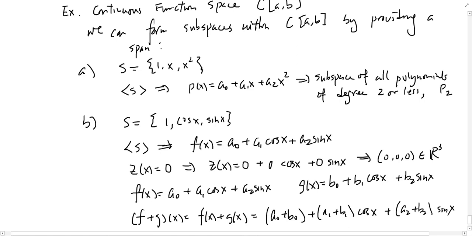Notice that that is in the exact same form as the function f or g, just with different coefficients. Because only the coefficients are different, it has to be within the span of S, since the span of S consists of all linear combinations of 1, cosine x, and sine x, and this sum of f and g is a linear combination of 1, sine x, and cosine x. That's why I have closure.